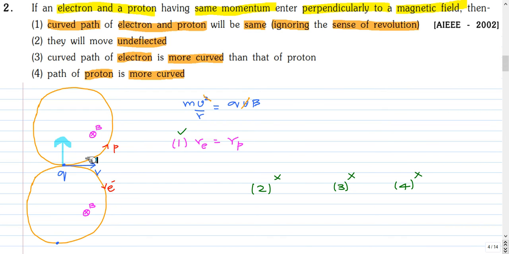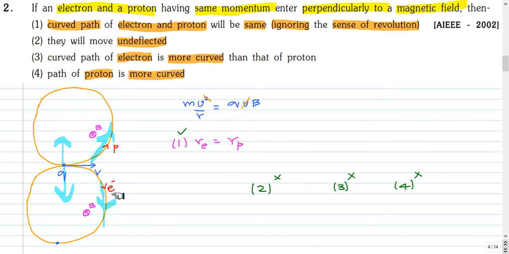So the proton will move in this direction in a circular path in the anticlockwise direction. But if the charged particle q is negatively charged, then the direction of force, which is qv cross B, will be in this downward direction. So that will produce a circular motion in the clockwise direction. So the electron will move in the clockwise direction.